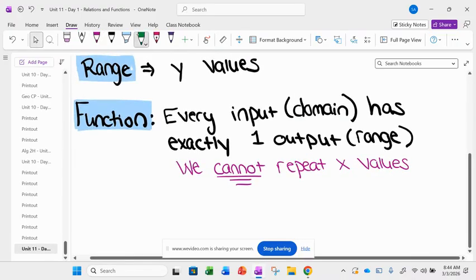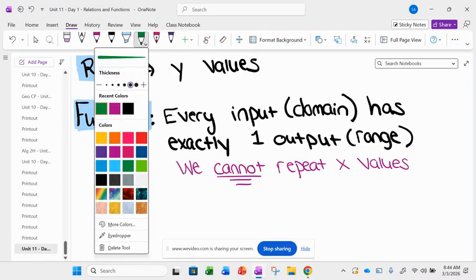When I was in school, I actually remember my teacher used something and it stuck. My teacher said, each person has exactly one birthday, right? My birthday is June 23rd. That was the day I was born. I cannot have my birthday on June 23rd and also on August 12th. That doesn't work, right?